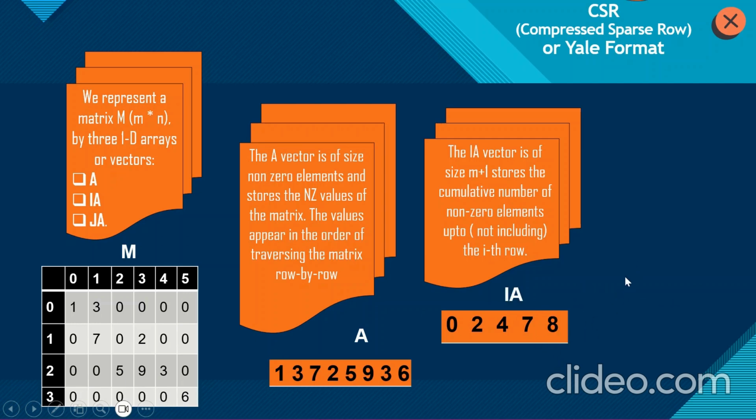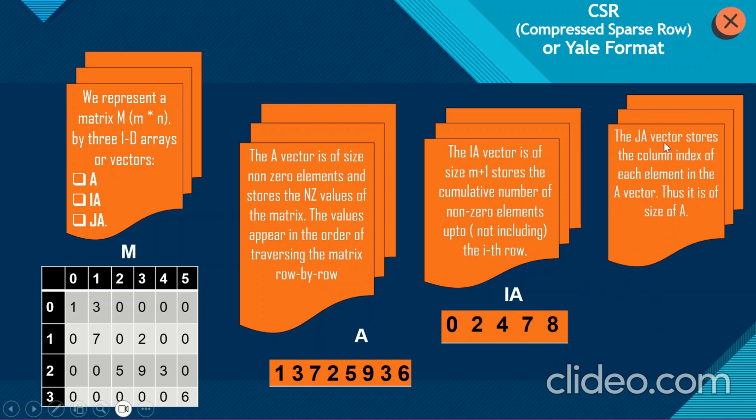Lastly we will have the JA vector, which stores the column index of each element in the A vector. Thus it is of the size of A also. So 0, 1 means the first element is at the 0th column, then the next element is at column number 1, and the next is at column number 1 again, that is why this 1 has appeared again.